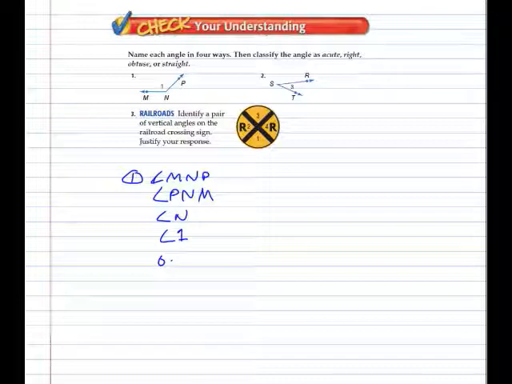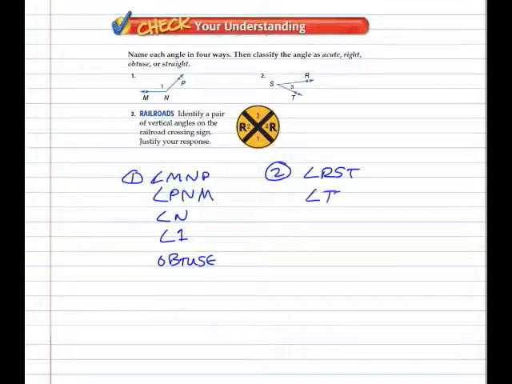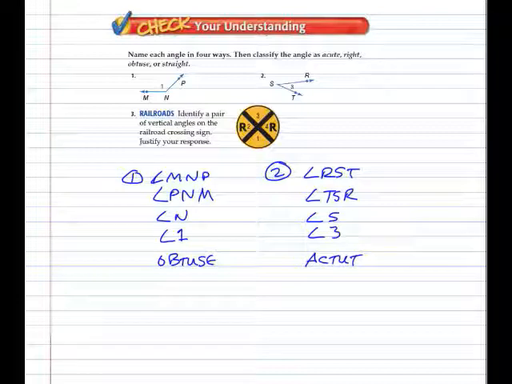And it's greater than a 90-degree angle, therefore it is an obtuse angle. In example 2, this would be angle RST, angle TSR, angle S, and angle 3. It appears to fit into a 90-degree angle, therefore it would be an acute angle.